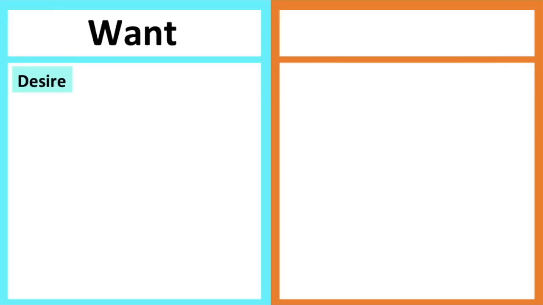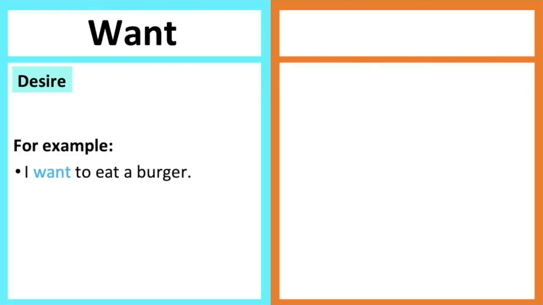For example, if I'm hungry, I might say, I want to eat a burger. So this is something I desire to eat because I like burgers. However, it's not essential for me to eat a burger, as I could also eat something else.